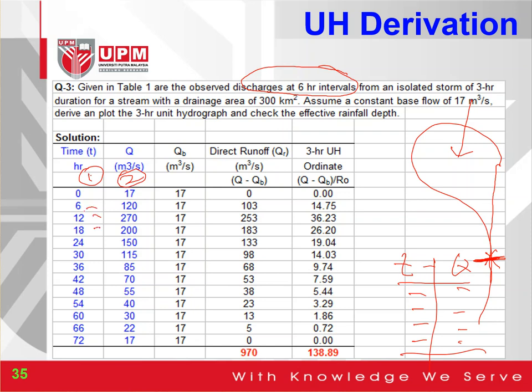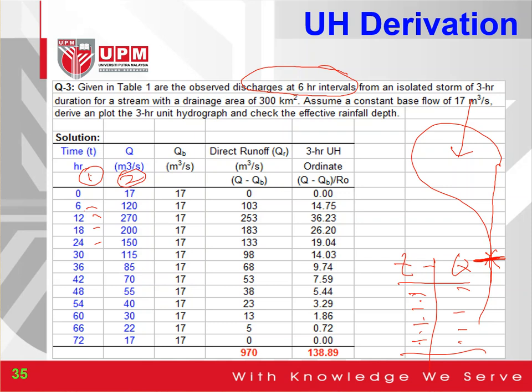You can see here, this observation you can do every 1 hour, every 30 minutes, every 2 hours, at any time. All right. This depends on the users or hydrologist, how they observe. We can do every 2 minutes, every 5 minutes, every 10 minutes.